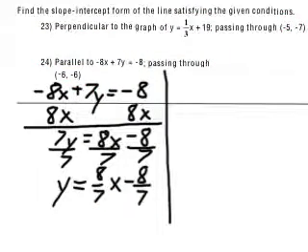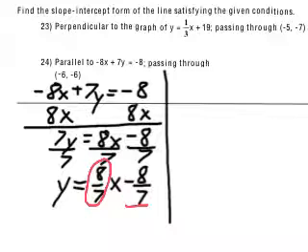Okay, so going back, the original line's slope is 8/7, and we're not going to worry about the intercept because the new line is not going to have the same y-intercept.